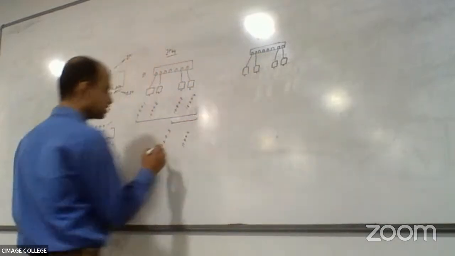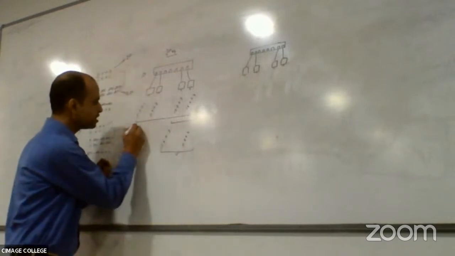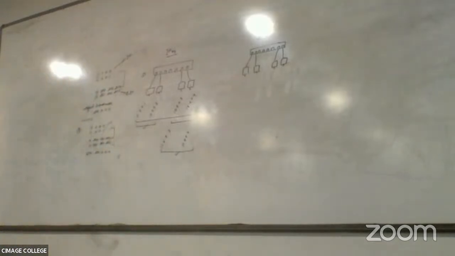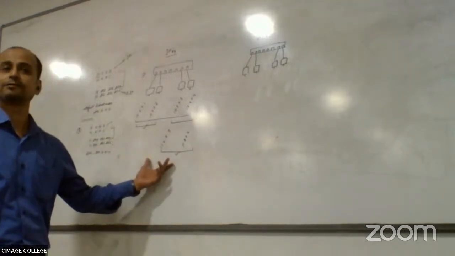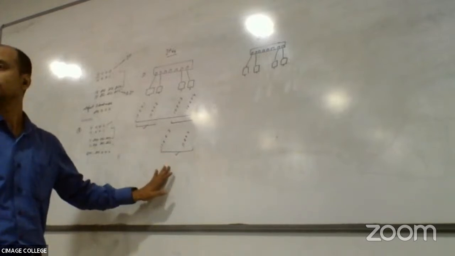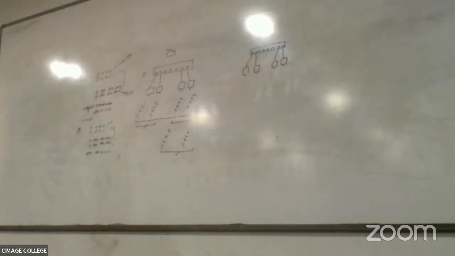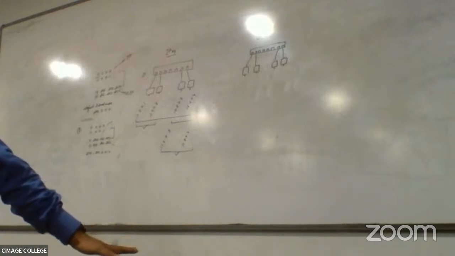In this case, these two nodes will communicate to each other, and these two nodes will communicate to each other. It means in a single physical network, there are two networks. Is it correct or not? Is it digestible for all of you? Clear? This is the IPv4 concept.